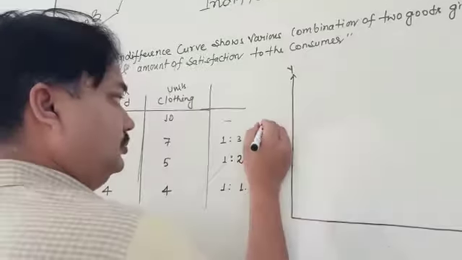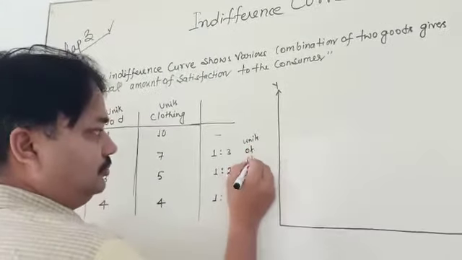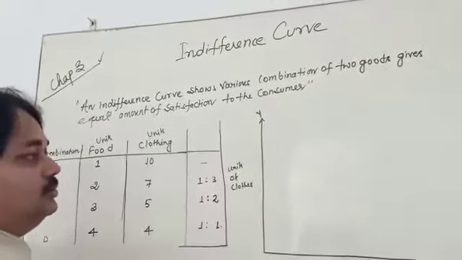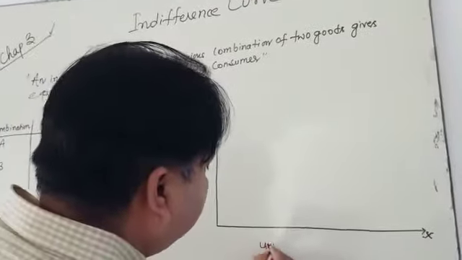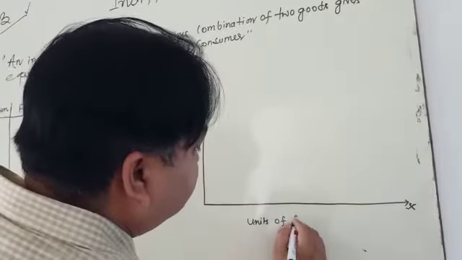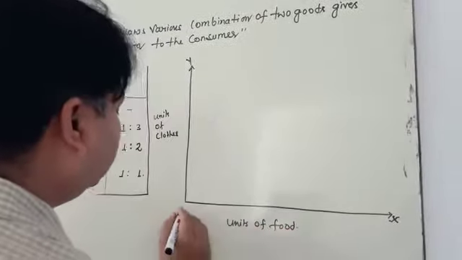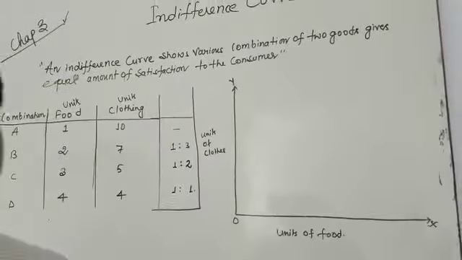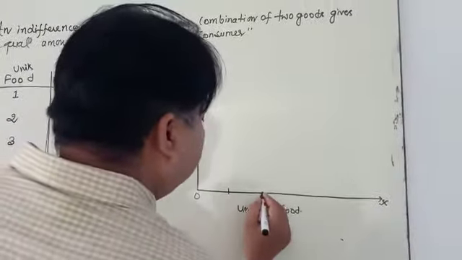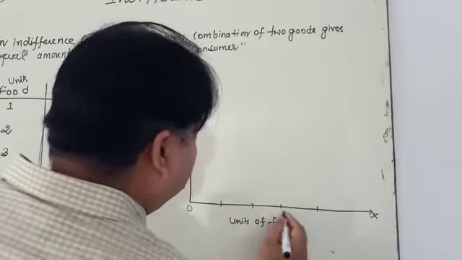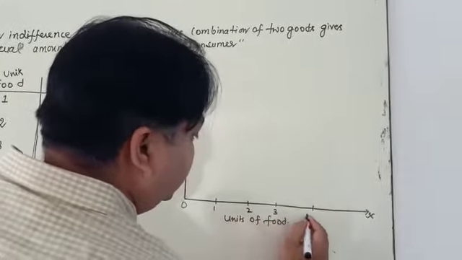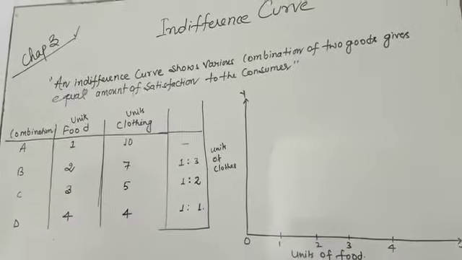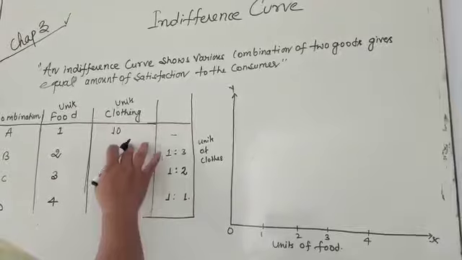On this axis, I am going to take units of food. You should already know that units of food are 1, 2, 3, 4. Similarly, here I am going to take units of clothes.